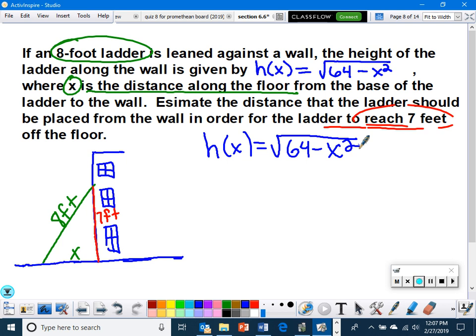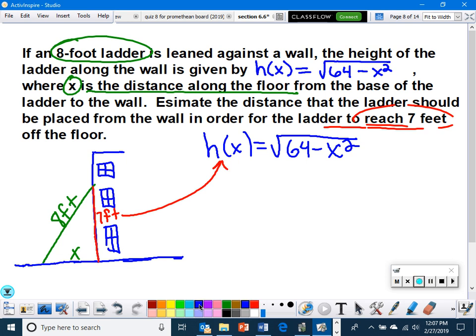Well, h of x is the height of the ladder up the wall. So the h of x is our 7 feet.